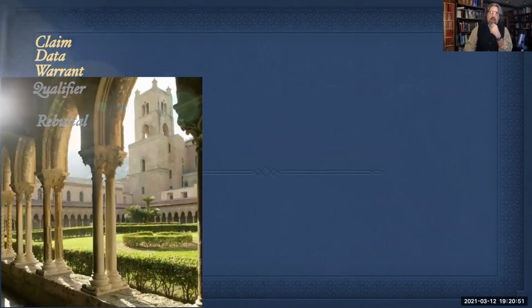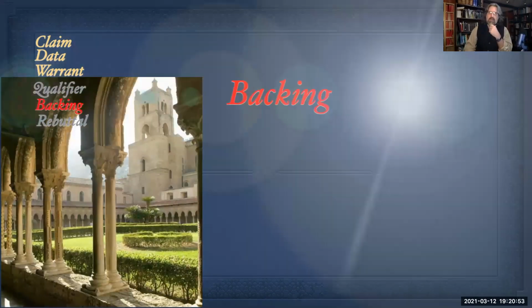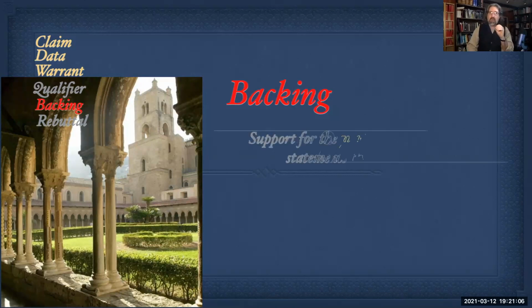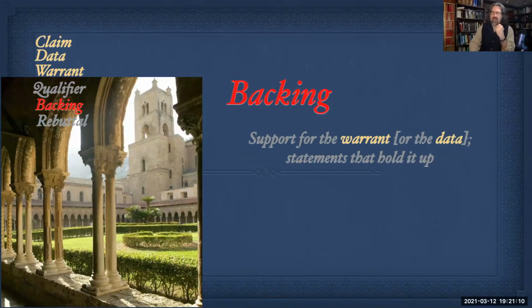And if you use the Toulmin model, that's one of the things to do. Backing is the second of this second tier. Backing is broad, and in some ways Toulmin talks about it as if it were attached only to the warrant, but in other places it works with data as well.